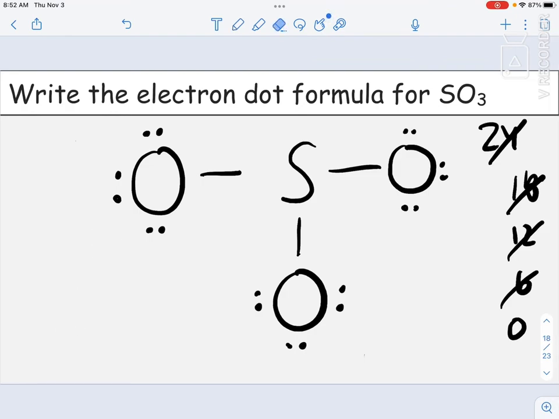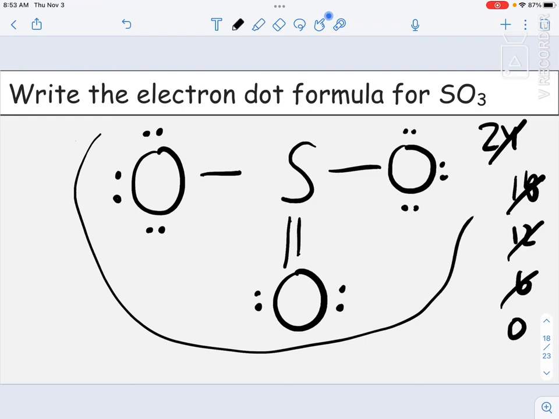The oxygen on the bottom is happy, okay, because it has 8. Oxygen on the right's happy because it has 8. Sulfur is not happy because it has 6, okay? So I'm going to take 2 electrons from the bottom oxygen, and I'm going to create a double bond with the sulfur. This is the correct answer.